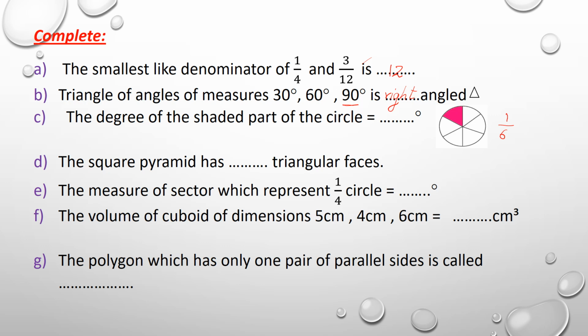We can multiply by 360 because the sum of angles around a point equals 360. Here 1 means 360 over 6. 36 divided by 6 is 6, and 0. So it's 60 degree as we studied.